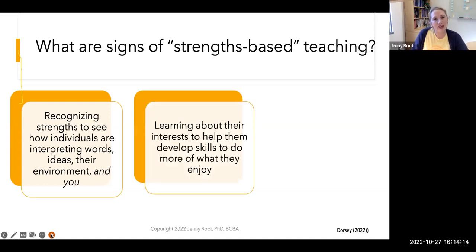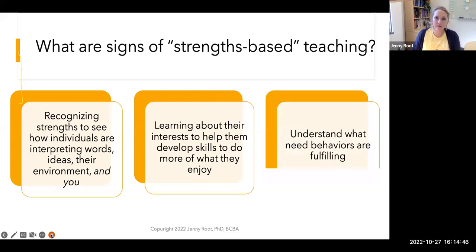We also want to learn about our individuals' interests to help them develop skills to do more of what they enjoy, whether that is for a career or leisure skills, relationships. There is more to adult life than work. Work certainly is important, and we should be realistic about the society that we live in, but we can also think about how we can leverage their strengths and their interests to help them have a higher quality of life, to enjoy what they're doing.